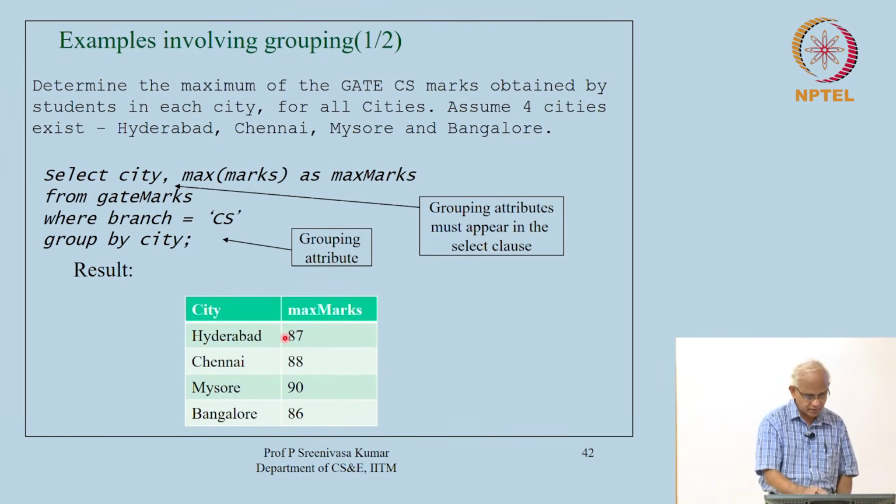Now, in case you add one more grouping attribute here, same branch computer science and city and sex, then city, sex, max marks will come. So, then Hyderabad male whatever is the maximum, Hyderabad female whatever is the maximum, like that the result will change.